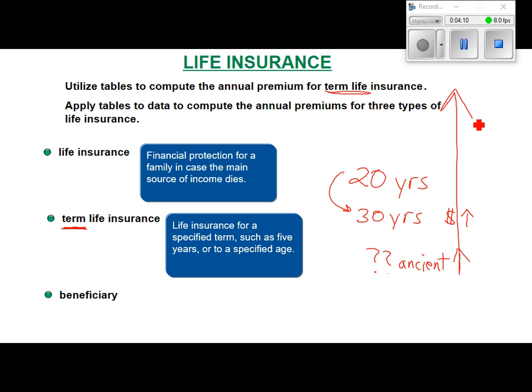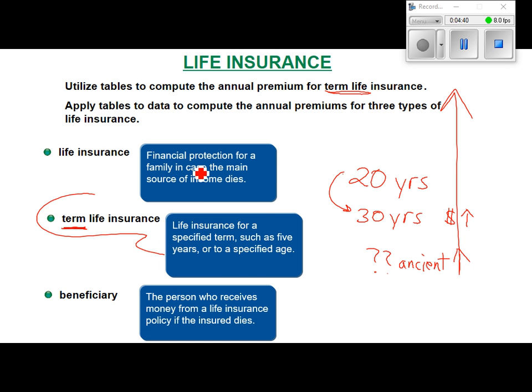What kind of job you have, and so on. All of these things go into the cost of a life insurance policy. If you're a lion tamer, then your life insurance policy is going to probably cost more than somebody who works at McDonald's.